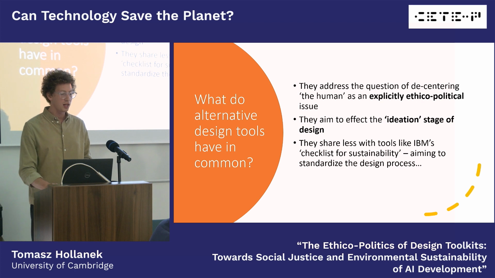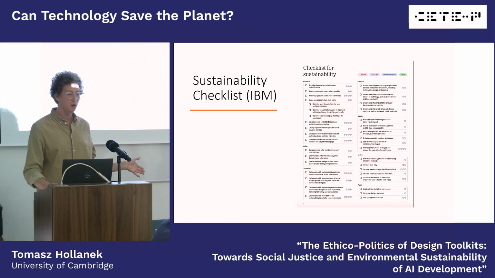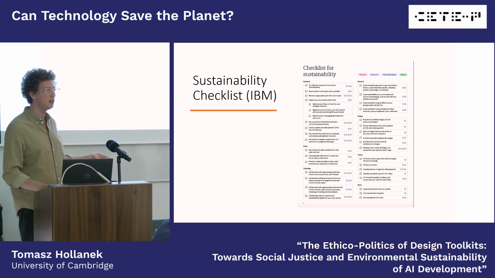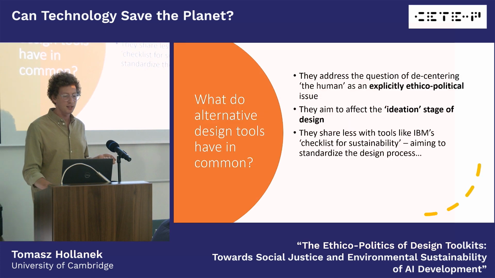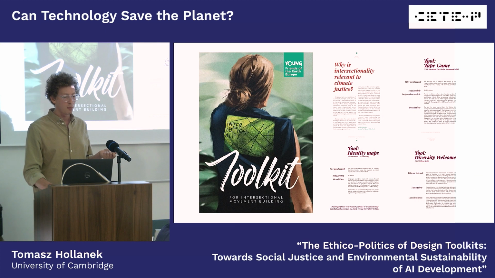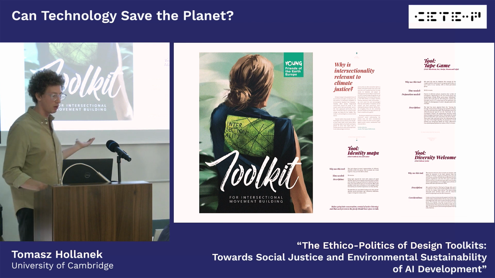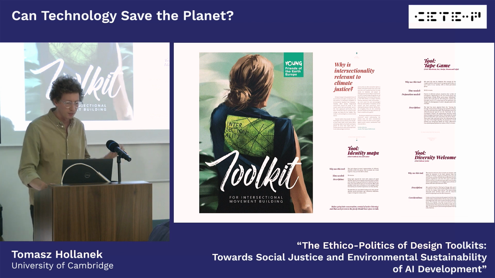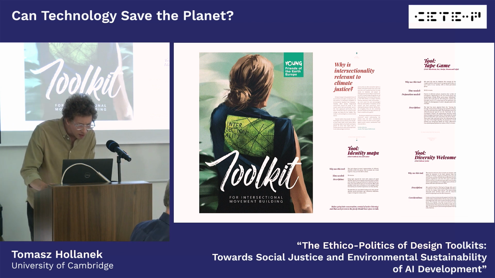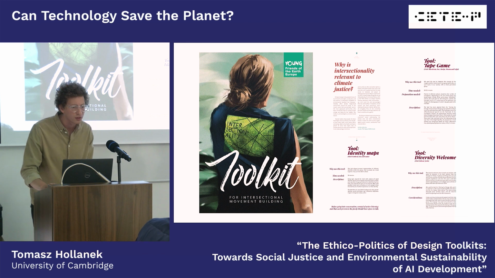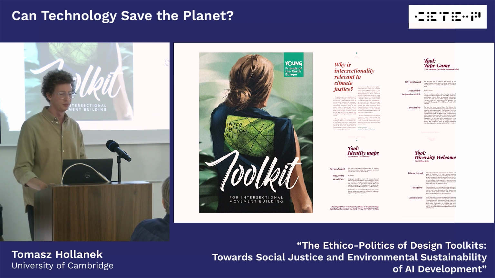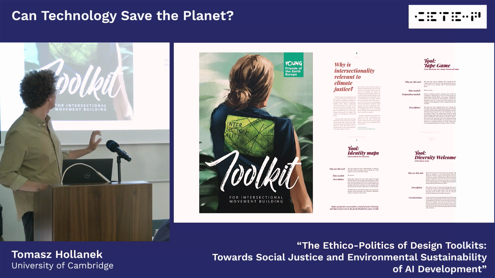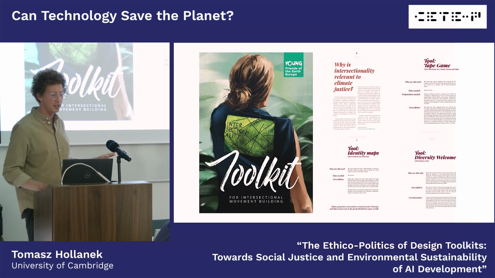So they share less with tools like this one, the sustainability checklist by IBM, and share more with political movement building toolkits such as this one, for example, for intersectional movement building, created by the Young Friends of the Earth Europe group. I was going to talk about some of these examples, but I think I'll skip that.